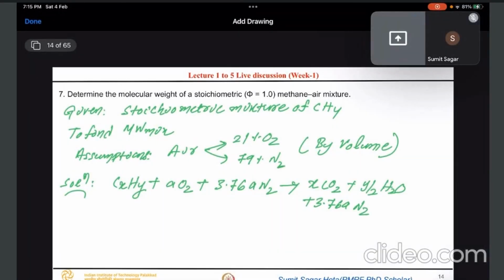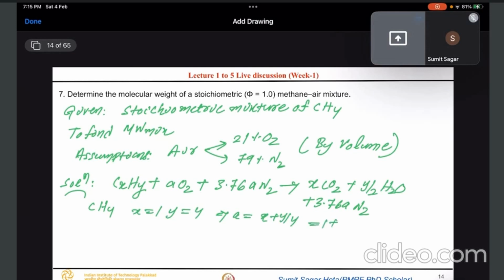Now, the same expression we write down for methane, CH4. Then CxHy, what are x and y? x is 1, y is 4. What is a? a is x plus y by 4, that is already done in the class.